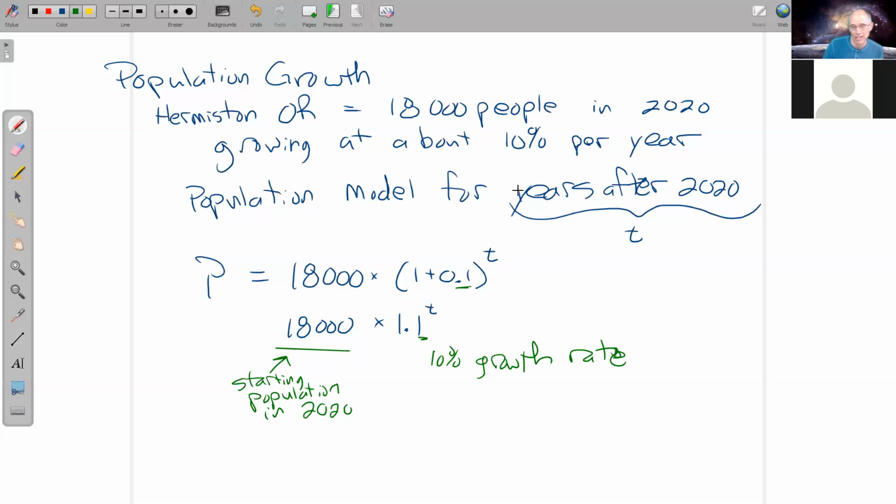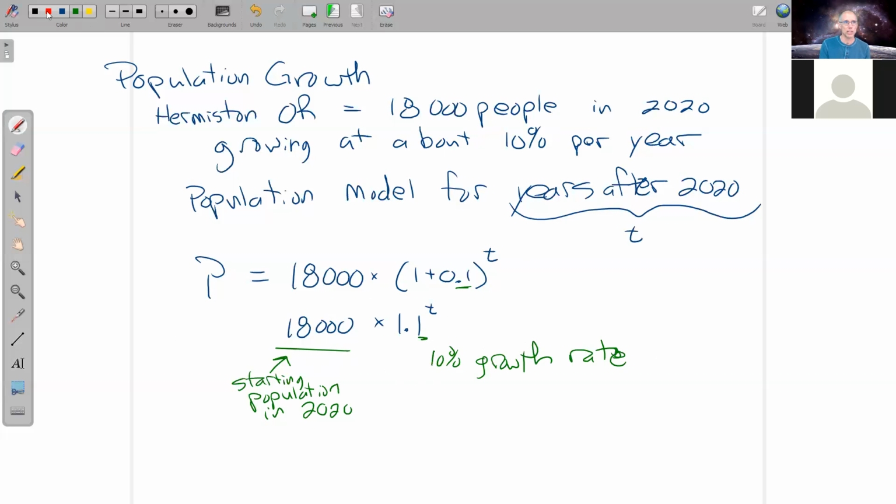Kind of similar to that last lesson problem, I'm just taking some real numbers I looked up about Hermiston data. In 2010, the population was about 17,000. So over 10 years, it grew by 1,000 people, and at those base amounts, that's around 10% per year. So we can then make predictions like, what's it going to be in 2030?